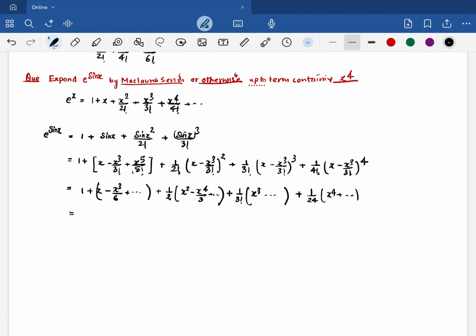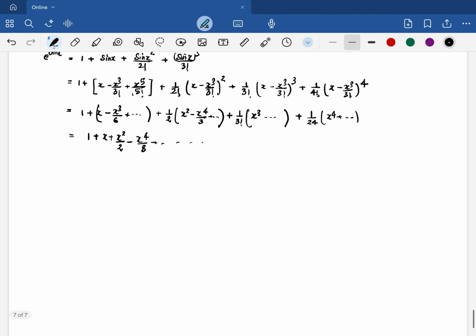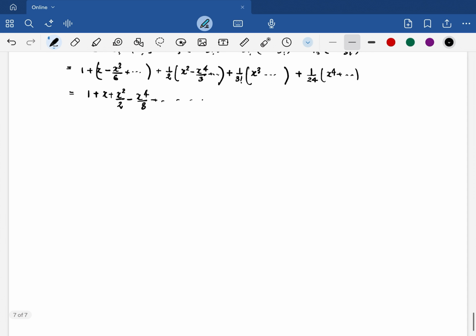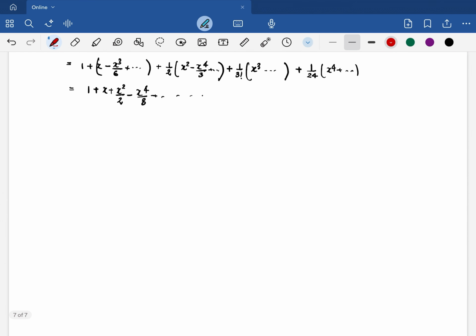When you solve this, you will find that the expansion is coming as 1 plus x square by 2 minus x to the power 4 by 8. You do it, you will check the calculation and find it very easy to calculate. But we are learning the concepts of Maclaurin series, so let's do it by the Maclaurin series.